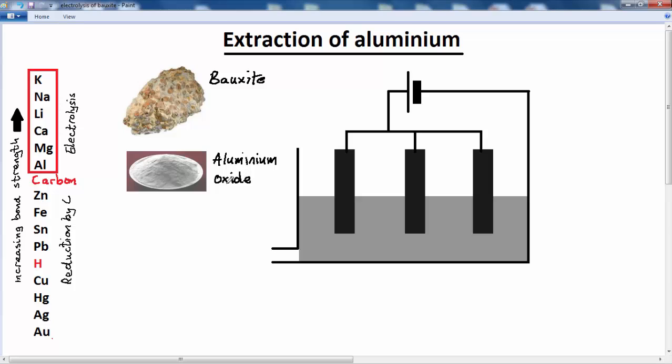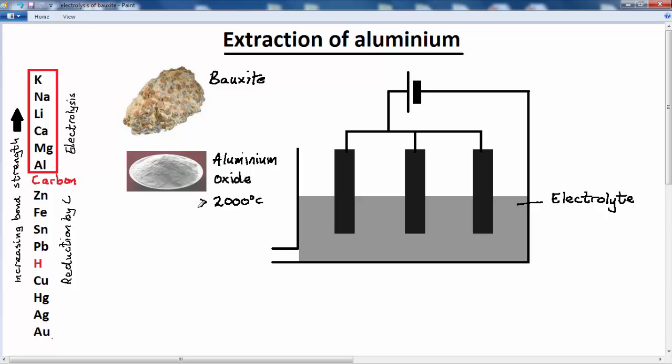Now aluminium oxide in its powder form, in its solid state, will not conduct electricity. So in order to use electrolysis to extract the aluminium, we've got to change it into its molten state. So we need to heat the aluminium oxide to form an electrolyte, that's to say a liquid which will conduct electricity. The problem with aluminium oxide is that it has a very high melting point, over 2000 degrees Celsius.